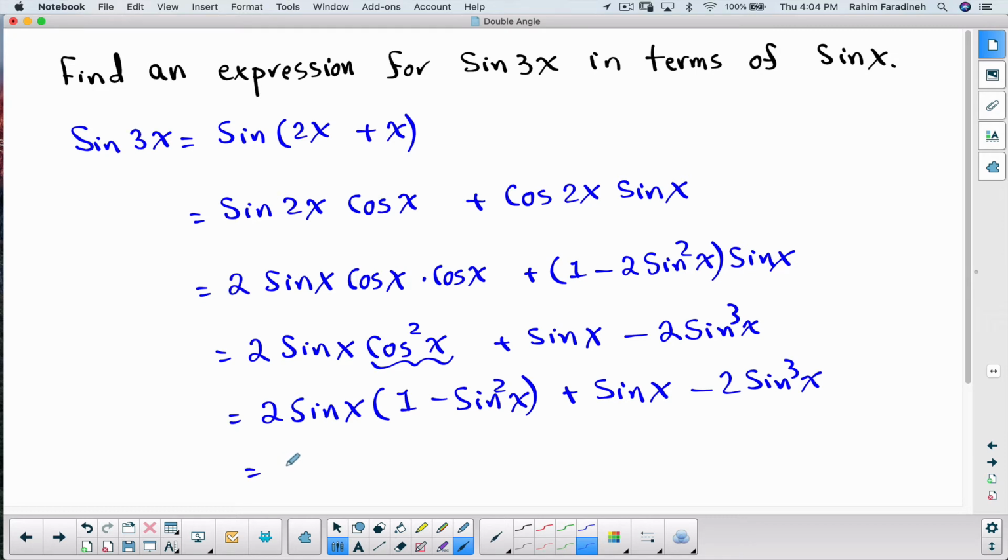Distribute and collect like terms, we're going to get 3 sine x minus 4 sine cubed of x. So this right here, it's an expression for sine of 3x in terms of sine x.